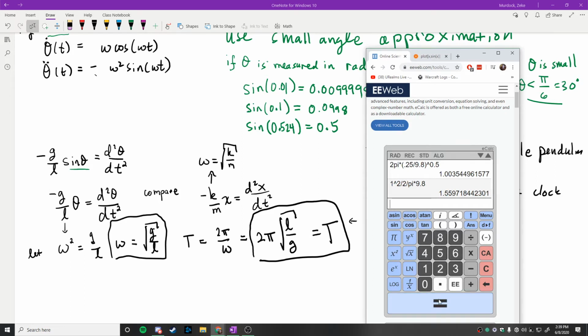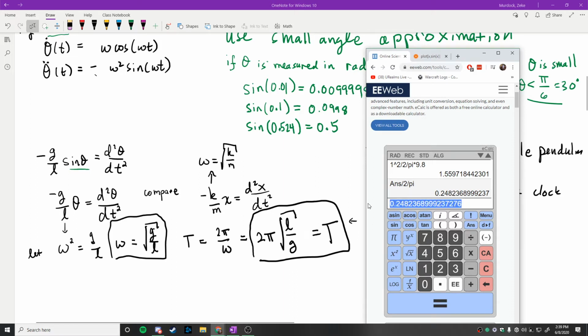Nope, I did something wrong. T squared, you have to square this part too, so you divide by 2 pi twice. There we go. That's the exact length, 0.2482. If you could make it have that length, it would be very, very close to a second.